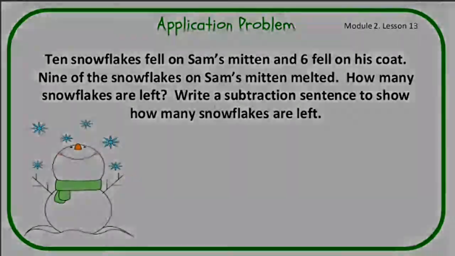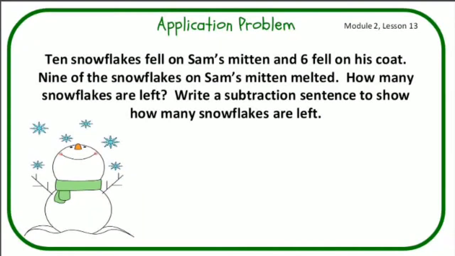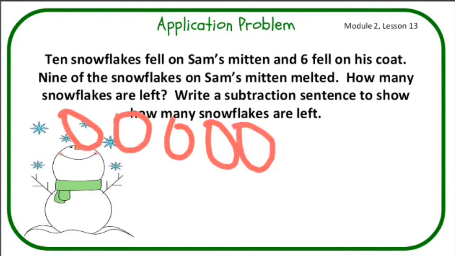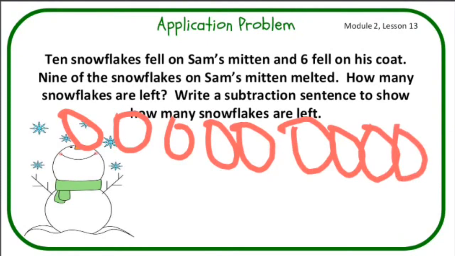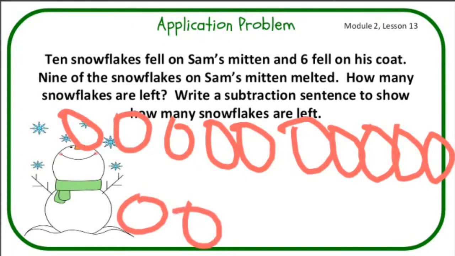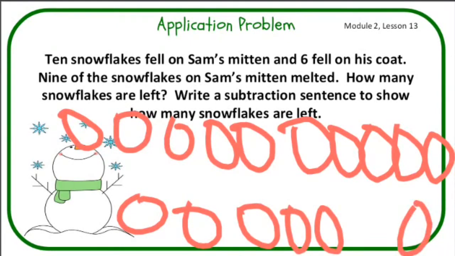Now let's continue. They said 10 snowflakes fell on Sam's mitten, so I will draw my 10. 1, 2, 3, 4, 5, 6, 7, 8, 9, and 10. And 6 fell on his coat. So 1, 2, 3, 4, 5, and 6.